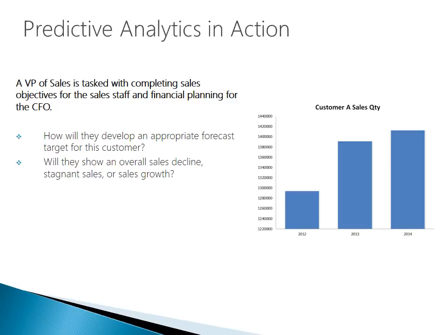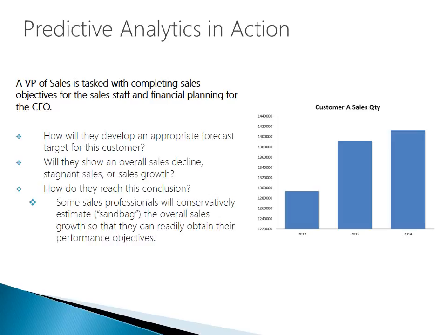Will they show an overall sales decline? Will they show stagnant sales or sales growth? If you had to look at this bar chart, what would you come up with? And how do they reach this conclusion? And to me, that's the interesting part of how they develop their forecast.